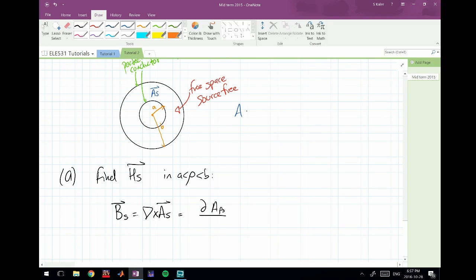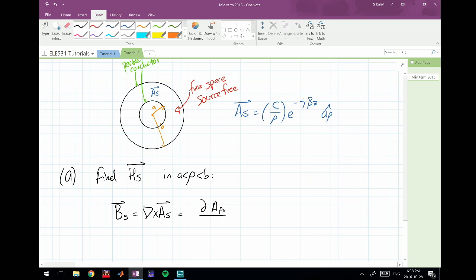This is very important information. A_s is C over rho, e to the minus j beta z, in the a_rho direction.